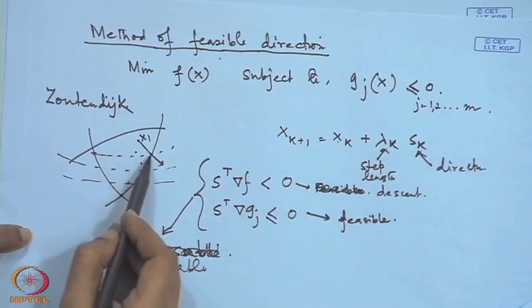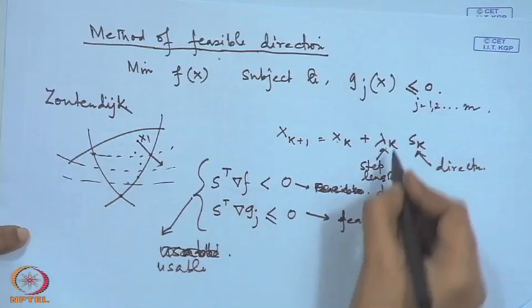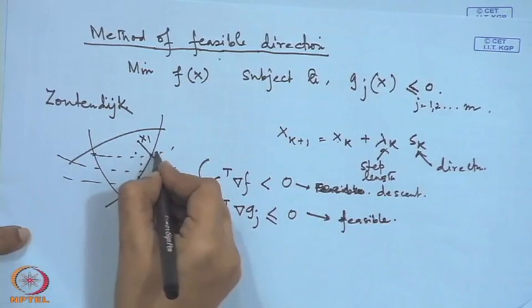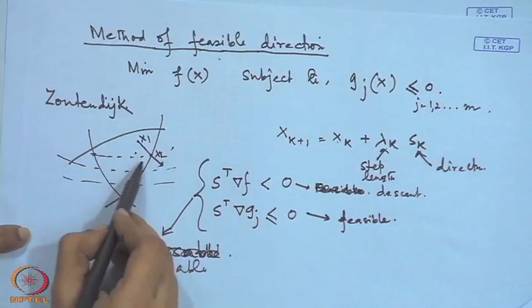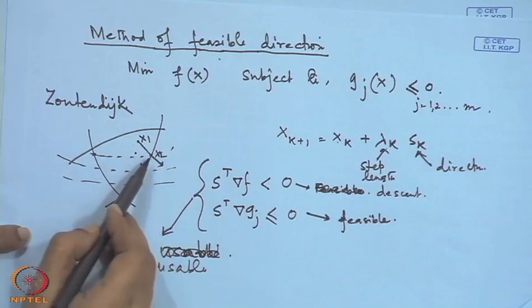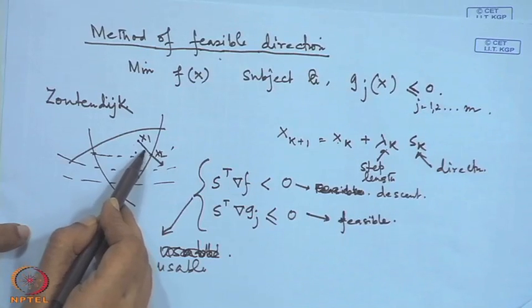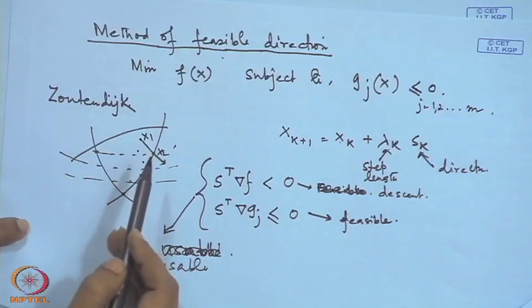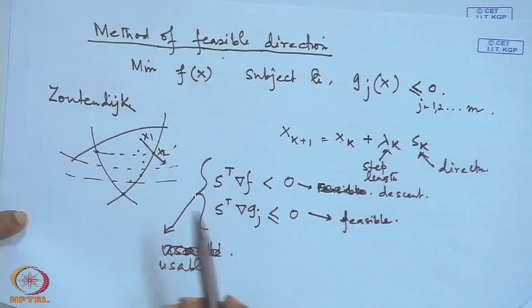Always I want to be within the feasible space. That is why we select a suitable lambda k, so that we remain within the feasible space at the next point, if this is x2 for us. That is why we will try to remain far from the boundary of the constraint. That is the idea. That is why we will try to maximize alpha, that means we reduce alpha until it becomes negative.